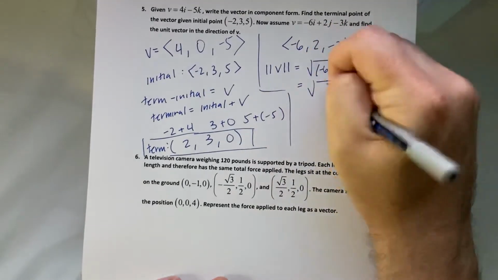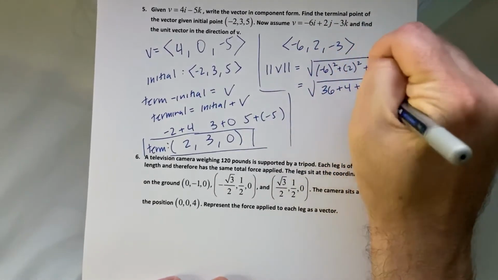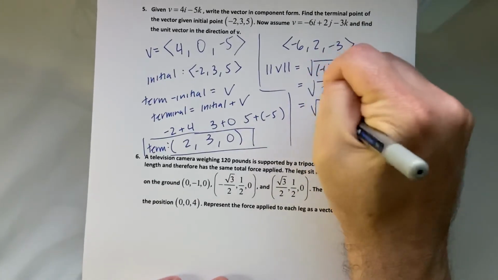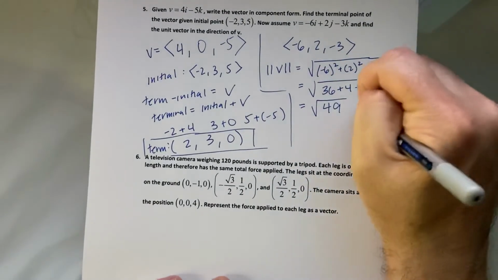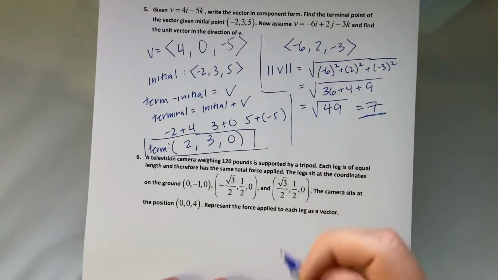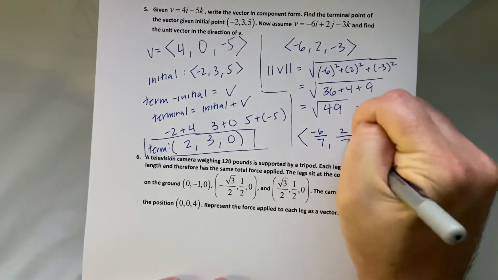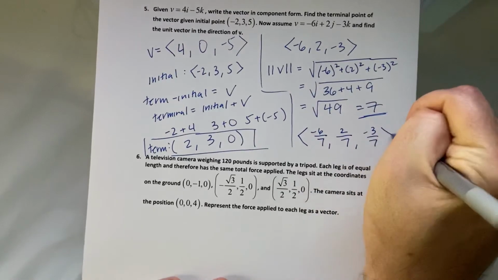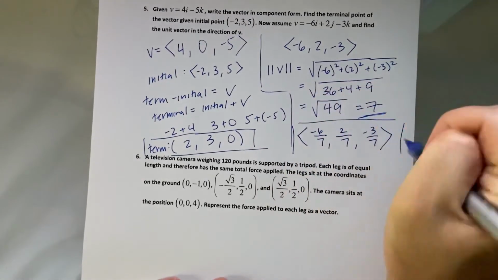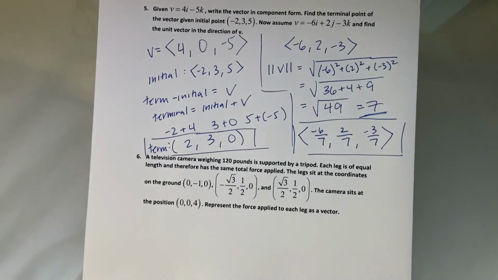That's the square root of 36 plus 4 plus 9, which is the square root of 49. That's nice. So I need to take all of my terms and divide them by 7. And this is the unit vector in the direction of v.